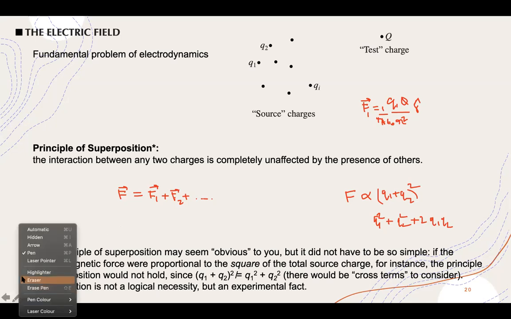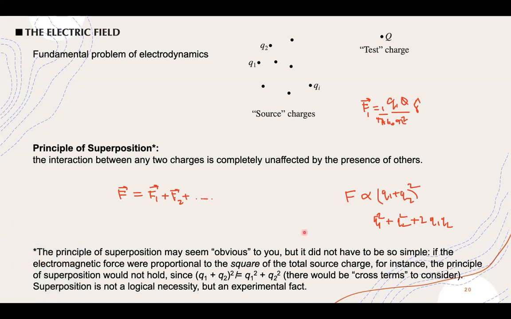Sir, cross terms cannot be added, or why can we not neglect the cross terms? Yeah, it could be added, but the addition is now the product of two charges, not the square of these two charges. You understand? Your principle says that this force is like that. But what about these two terms?